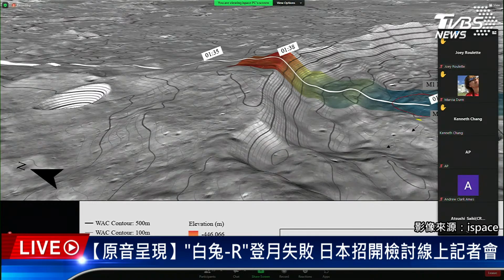In this case, the terrain simulation region was not proper to capture this crater rim issue in advance.